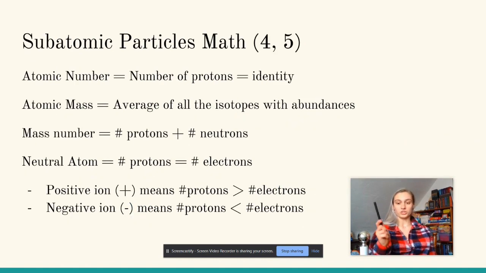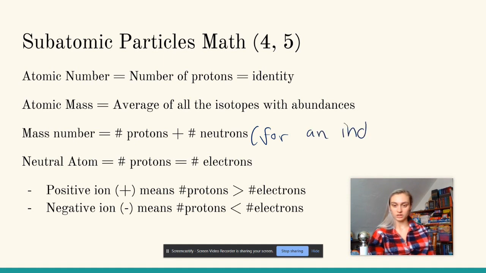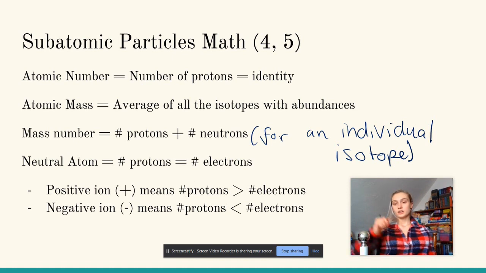The mass number, which is different because it's not an average, is for an individual isotope. I'm going to write this. So that's why isotopes have a constant mass number and it's not a decimal.